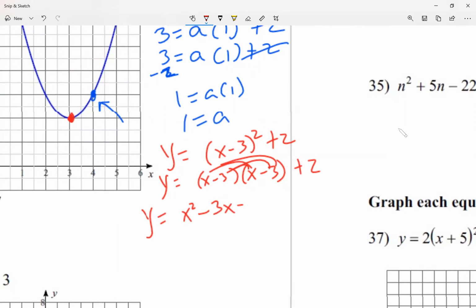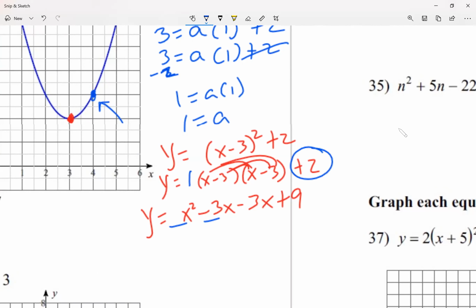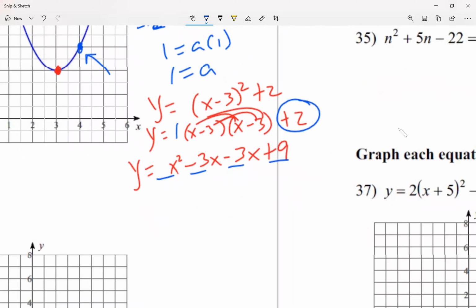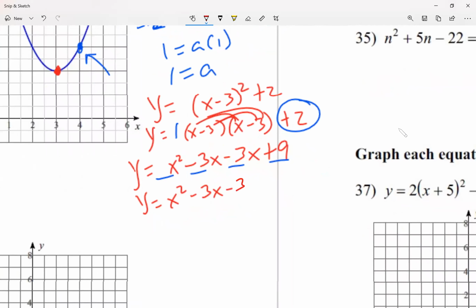I don't worry about the plus 2 yet. My aperture technically is 1, right? I'm not worried about this plus 2 yet, okay? Except my aperture is 1. So multiply the aperture to each of these numbers. So I have that y is equal to x squared minus 3x minus 3x plus 9. When you multiply by 1, nothing happens. But what if the aperture was not 1? All right, I still multiplied it by that.